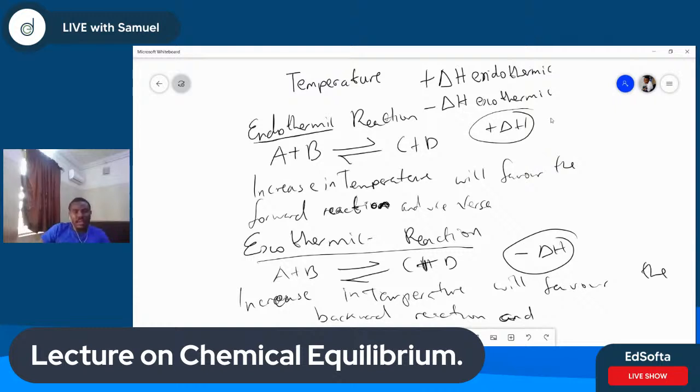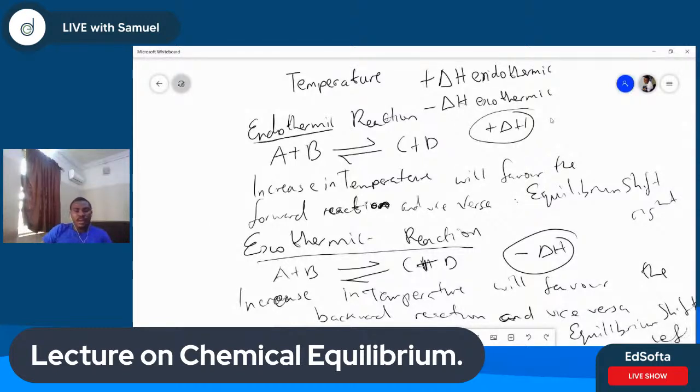That means decrease in temperature will favor the forward reaction. So here equilibrium will shift right, and here equilibrium will shift left. Can you see it?